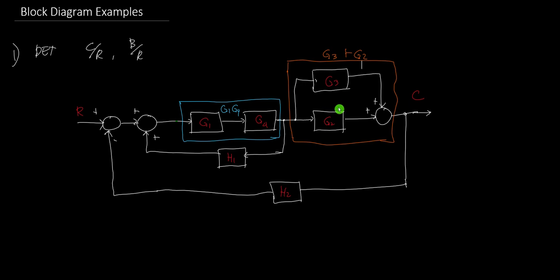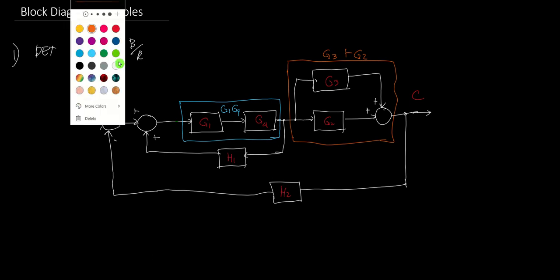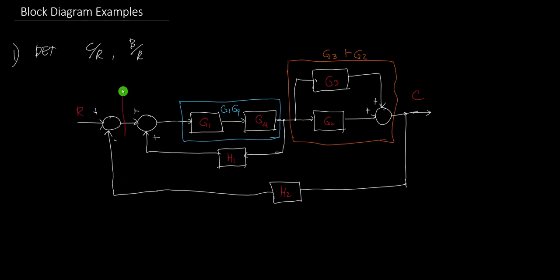Next, we also want to look for some canonical form that is inside the block diagram. And where's that canonical form here? This one. We can also reduce this into just one block. This looks like just a canonical form.